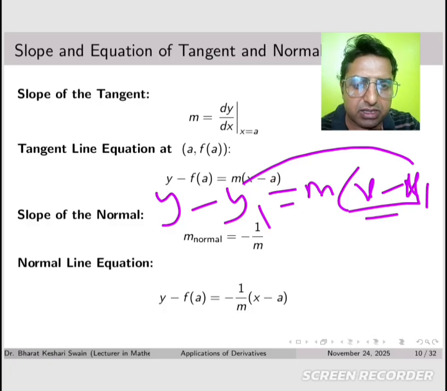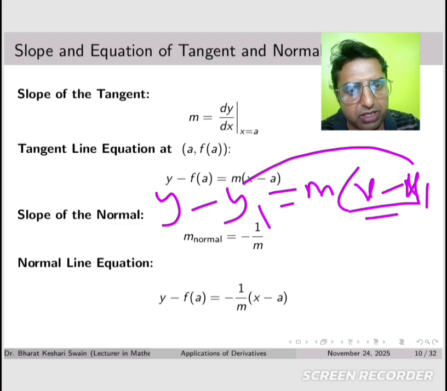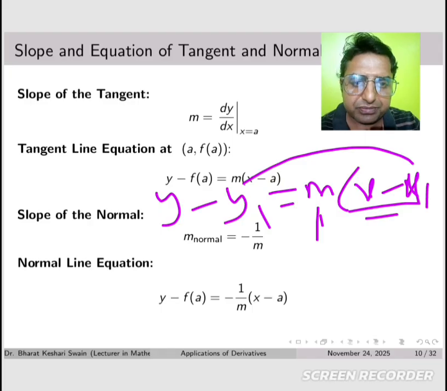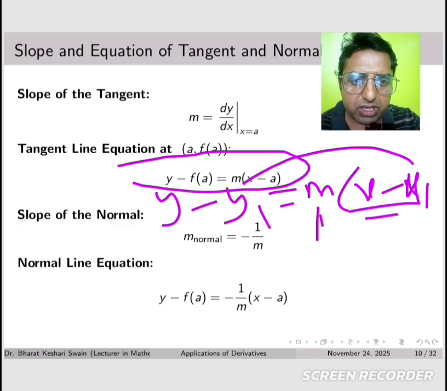This is the point through which the line passes, the point where the tangent is drawn. And m is the slope of the tangent. Therefore, the equation of the tangent will be y minus f of a is equal to m into x minus a.